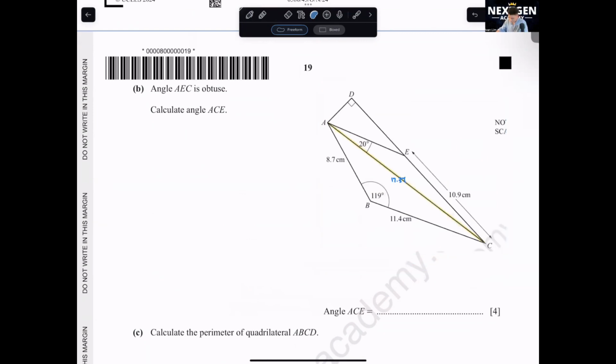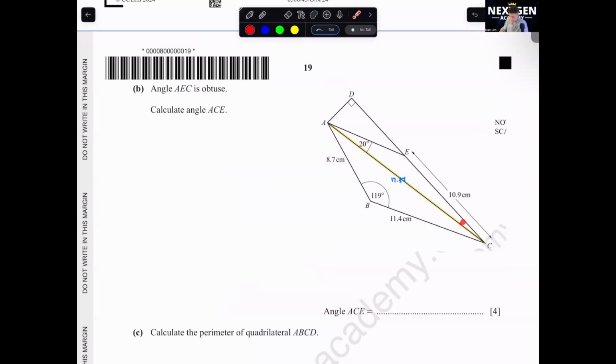What do we have? They want us to find angle ACE. Where is ACE? We have this 20 degrees, we have 10.9, we have this 17.37. How do we find the angle ACE?